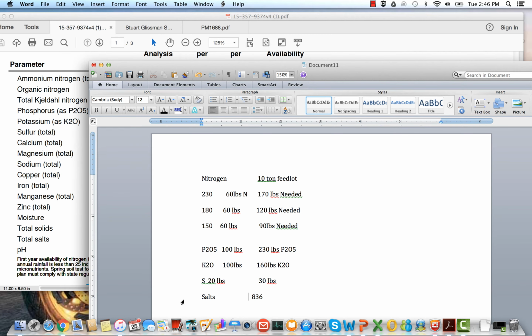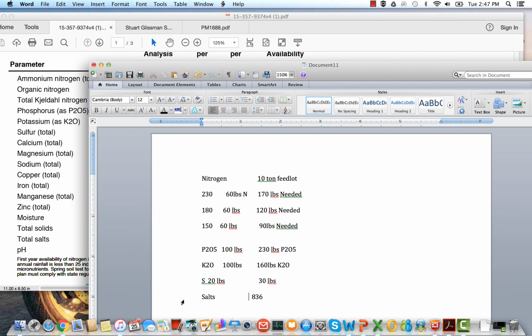So bottom line is we've made these recommendations for this soil. We've looked at 3 different manure products as our fertilizer source, and we've made recommendations for 10-ton feedlot manure, 3 and 4 ton poultry manure, and 3, 4, and 5,000 gallon application rates for that hog manure.